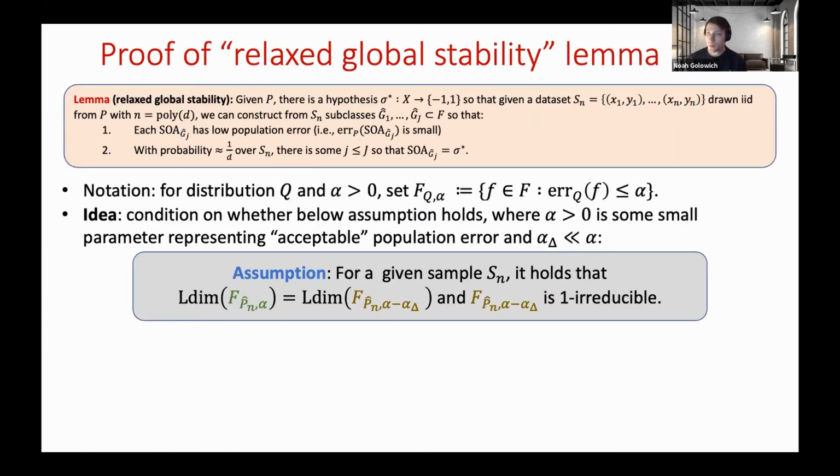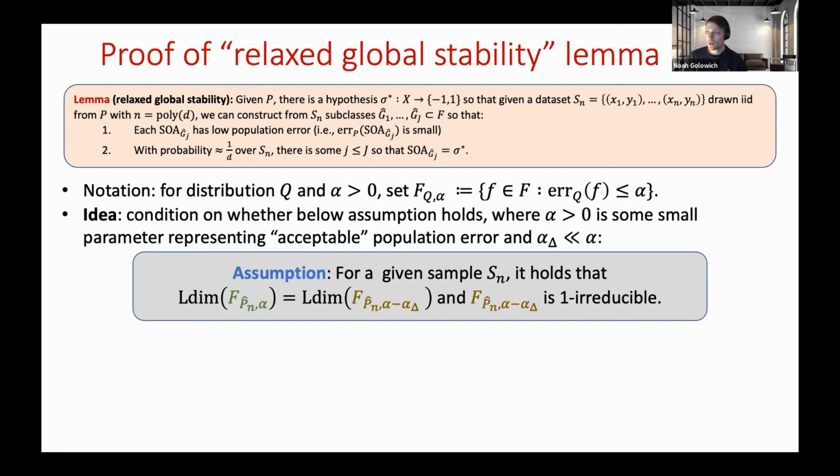Okay, so I've copied the lemma at the top of this slide, and in order to give the proof, I'm going to introduce a little more notation. For a distribution Q and a positive real number alpha, which represents an error threshold, I'm going to set F_Q,alpha to be the set of hypotheses F whose population error under Q is at most alpha.